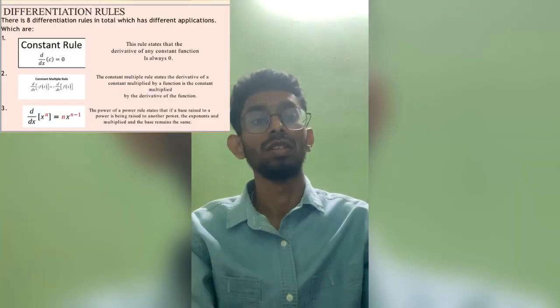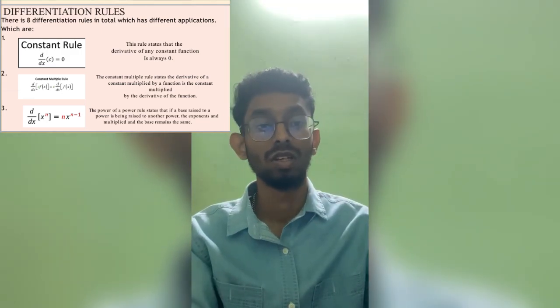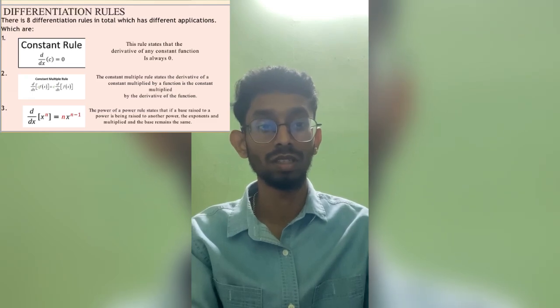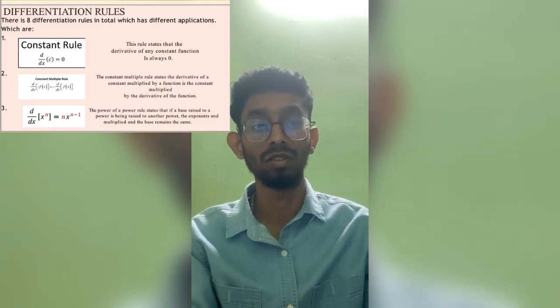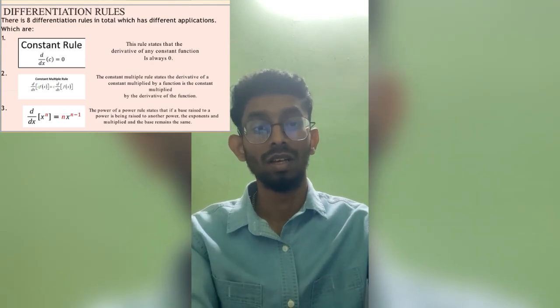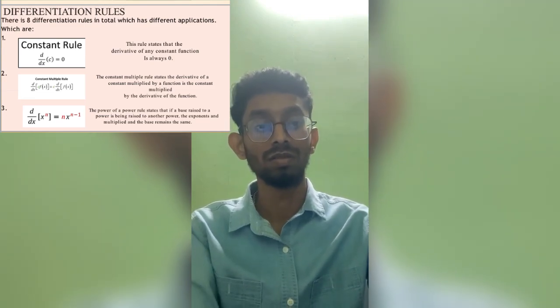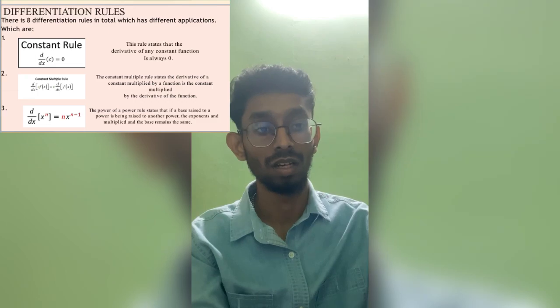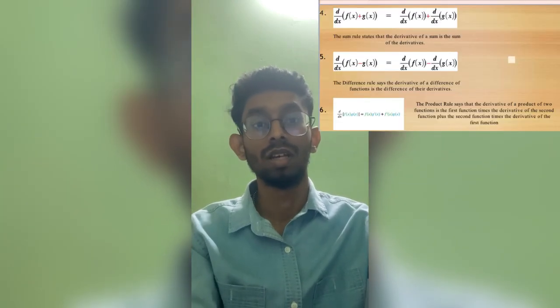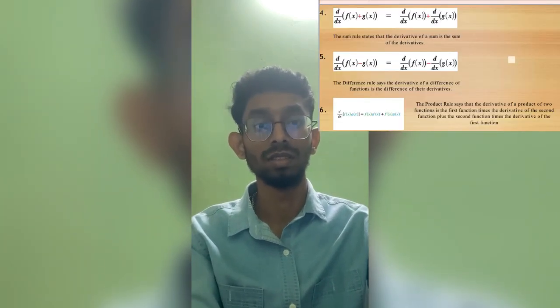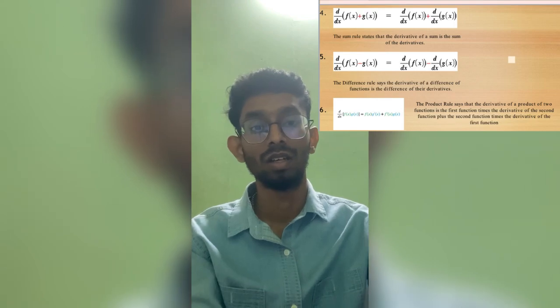We have 7 rules. Our constant rule is that the derivative of any constant function is always 0. The constant multiple rule is that the derivative of a constant multiplied by a function is the constant multiplied by the derivative of the function. The power rule is a base raised to a power. The sum rule is that the derivative of a sum is the sum of the derivatives.